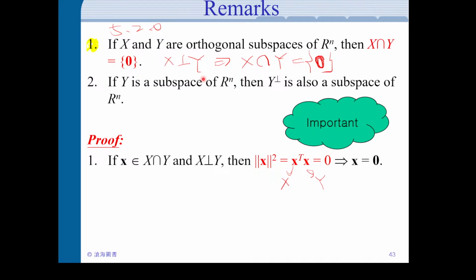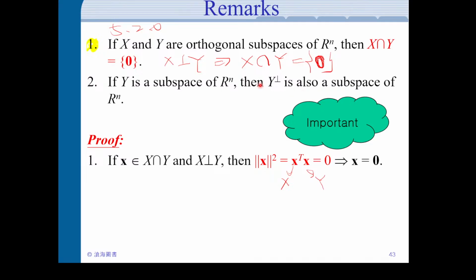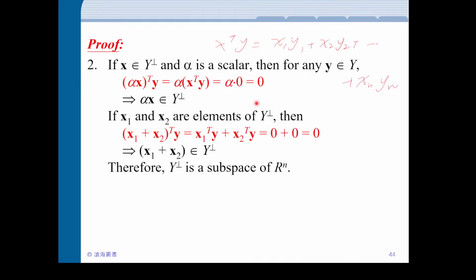As always, when we want to check a subspace, we need to check closure: that the orthogonal complement is closed under scalar multiplication and under addition. So if x is inside the orthogonal complement, then alpha times x is also inside it.